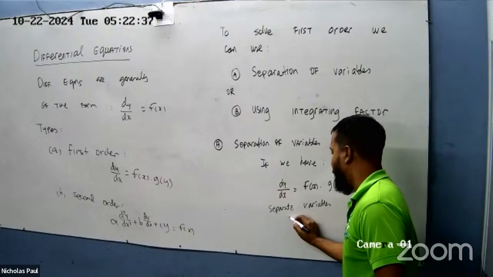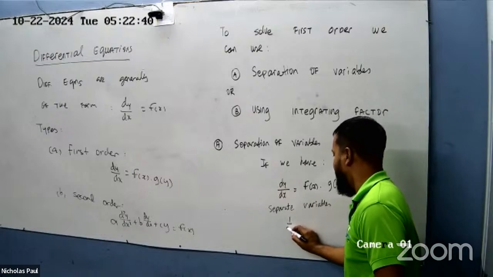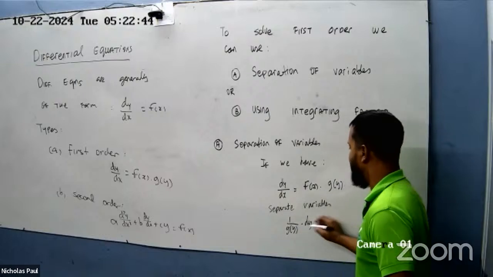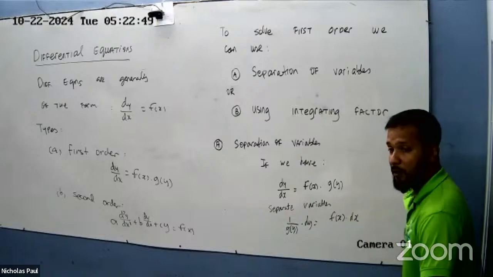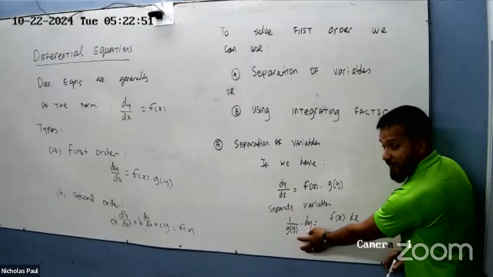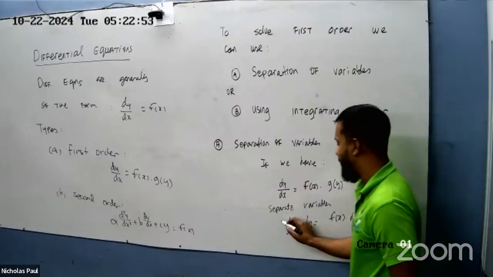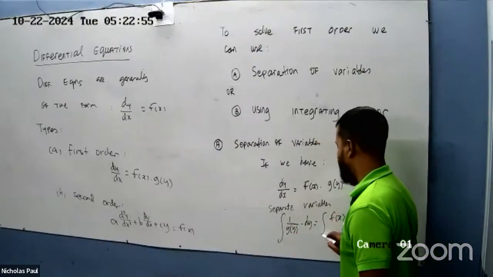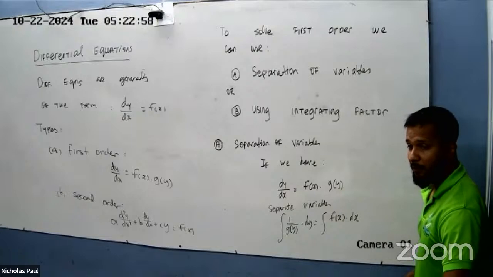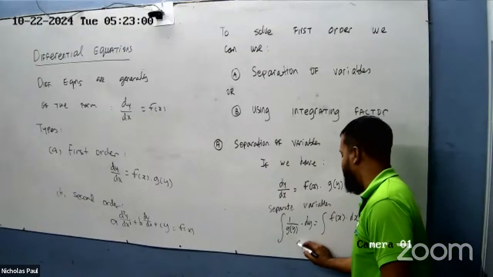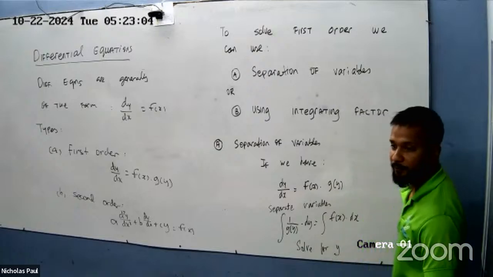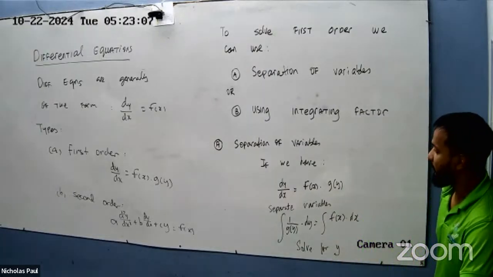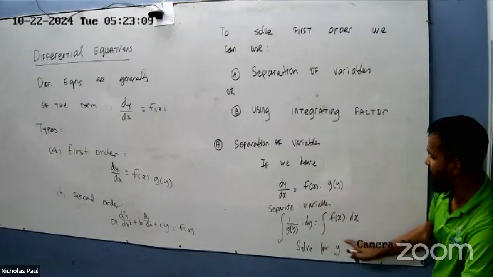So we will end up with 1 over g of y dot dy, and bring the dx on this side. Now we have everything in terms of y on one side and everything in terms of x on the other. Then we integrate, and then we solve for y. So we can separate the variables and work it out.